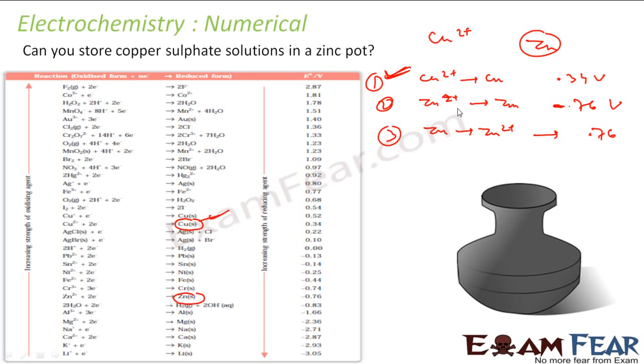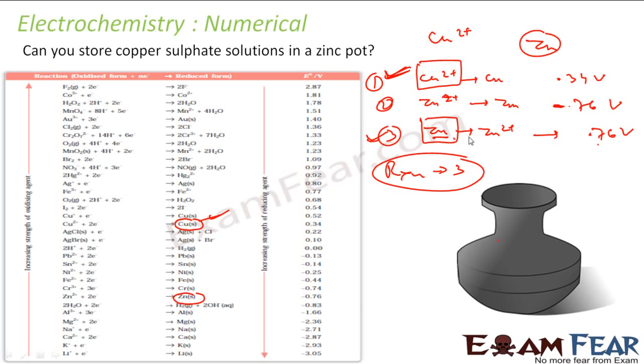But we are talking about a scenario where zinc is getting oxidized, because I have these two things, right? I have copper sulfate solution and I have zinc. So I'll compare reactions 1 and 3. If you compare reactions 1 and 3, this is 0.76 volt, this is 0.34 volt. That means reaction 3 will rule.